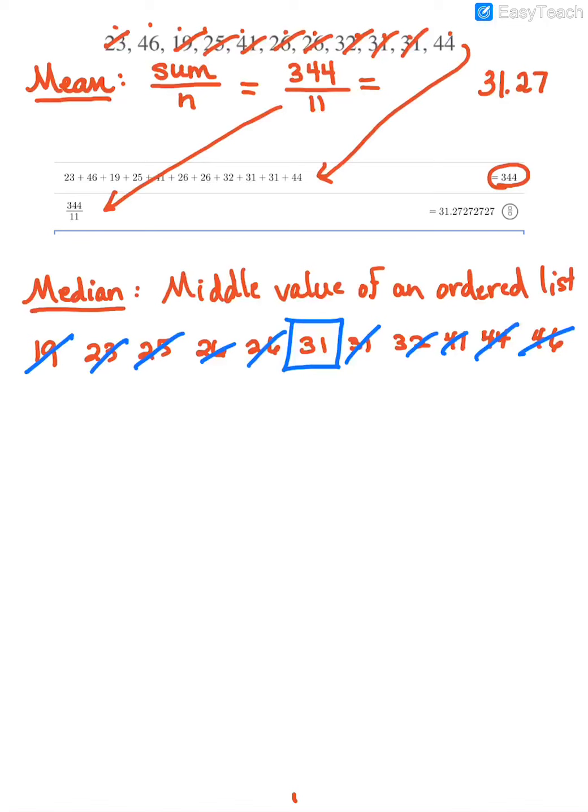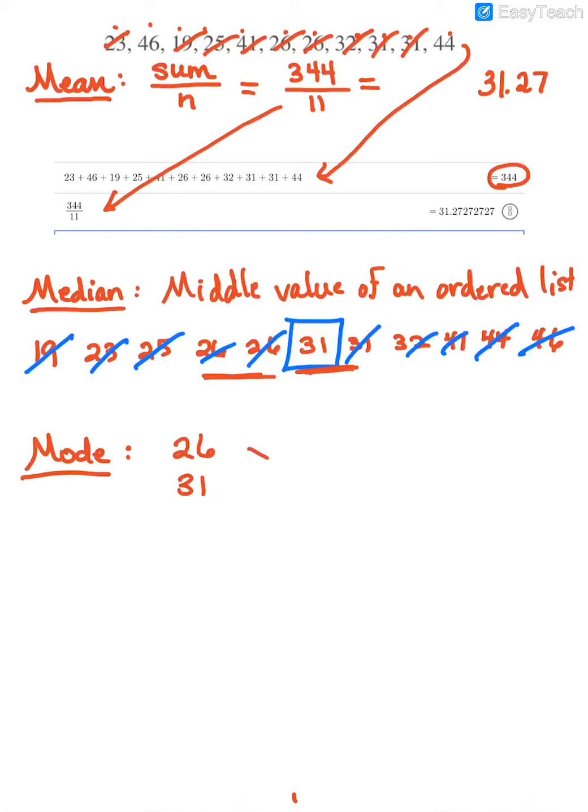Okay, the mode refers to which one occurs the most. So you have to have things occurring more than others in a data set. And if we look here, we notice that 26 occurred twice, and so did 31.